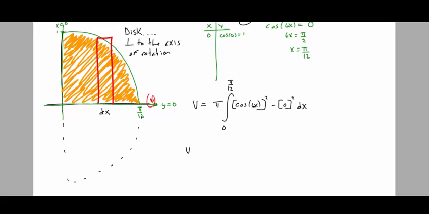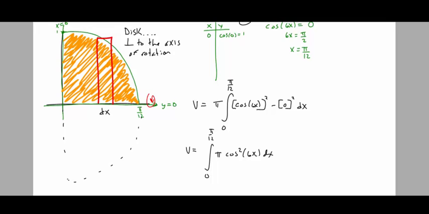When I set this up, the pi I always put on the outside, but it doesn't have to be. So if I wanted to, I could set this up with the pi on the inside, and this could be cosine squared of 6x dx. Now there's going to be a little trig identity that you're going to need to integrate this one.